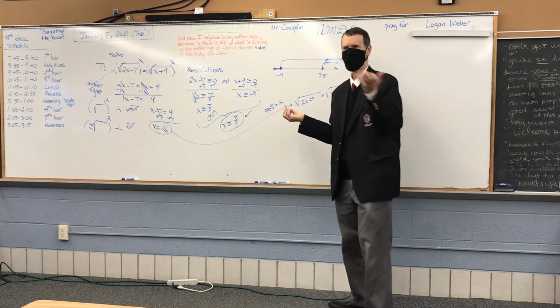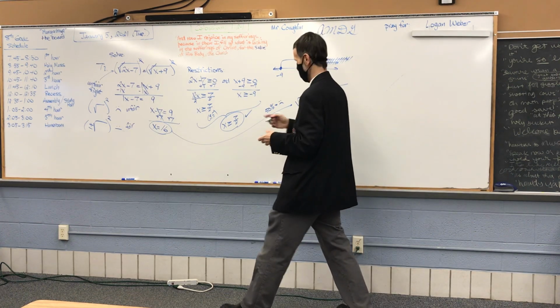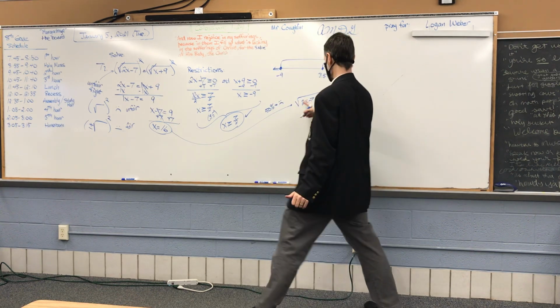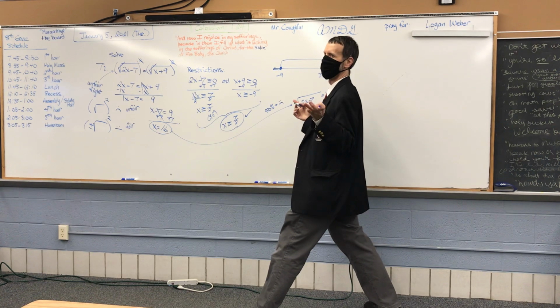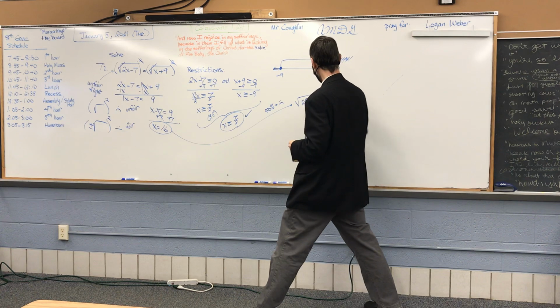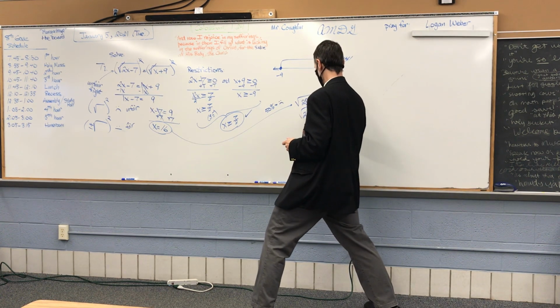So, how do you do this again? How do you test x equals 16? Plug it in. There's an x here and an x here. So it's 2 times 16 minus 7.